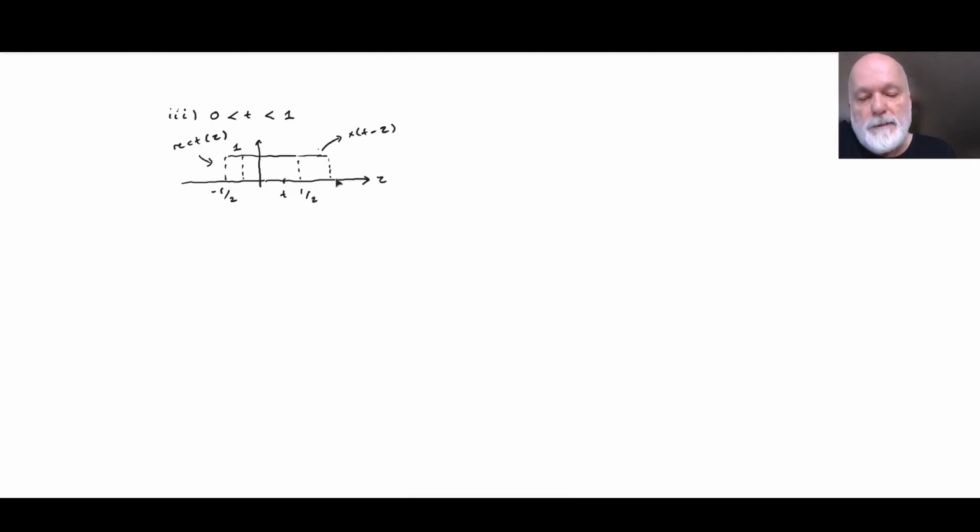The midpoint is t, and this point here is t plus 1/2, and this point is t minus 1/2.